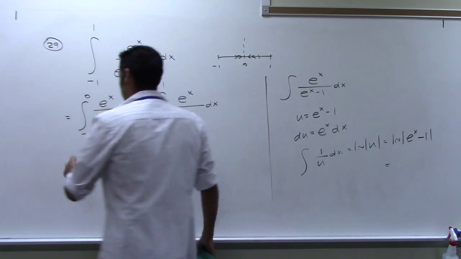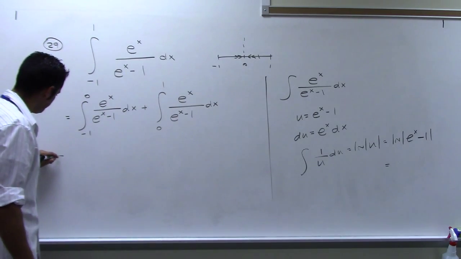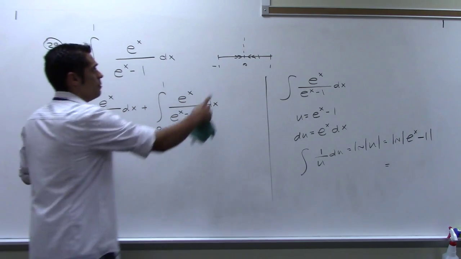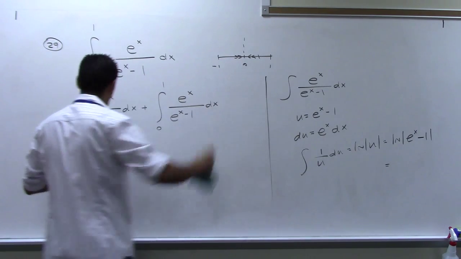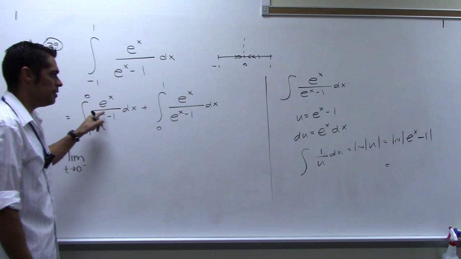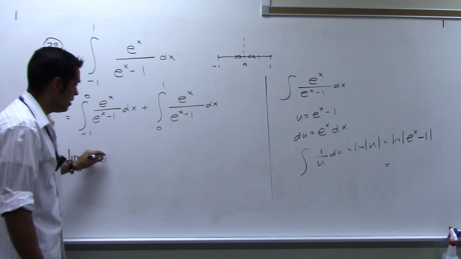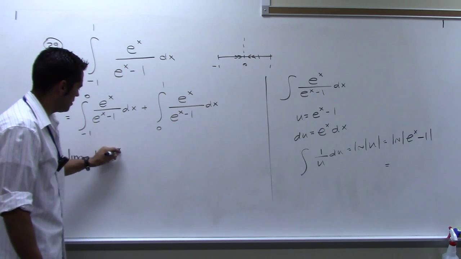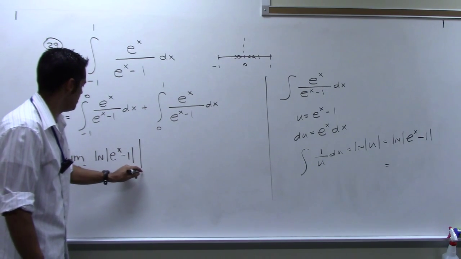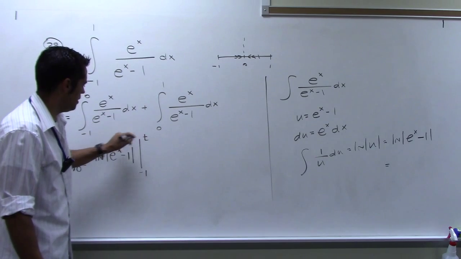All right, so we got limit t goes to 0, and I'm on this integral, so I'm approaching 0 from the left of the antiderivative of this, which is natural log, absolute value of e to the x minus 1, evaluated from -1 to t.